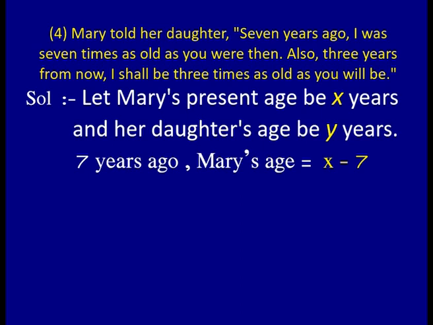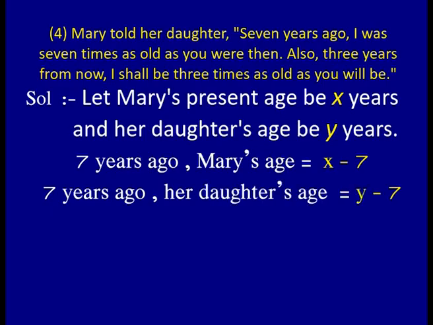Means 15 minus 7 is equal to 8 years. Likewise, 7 years ago, Mary's age is equal to X minus 7. Similarly, 7 years ago, her daughter's age is equal to Y minus 7. Present age minus 7.